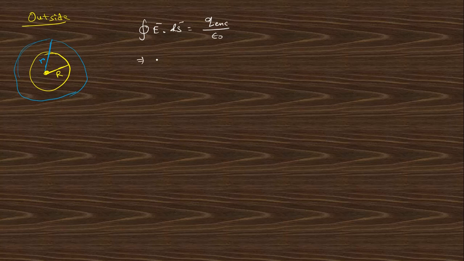So this is nothing but E into 4 pi r squared, and this will be 4/3 pi R cubed into rho. Rho is the charge density, by epsilon naught.